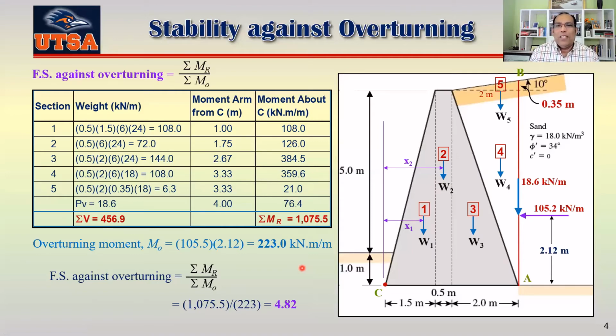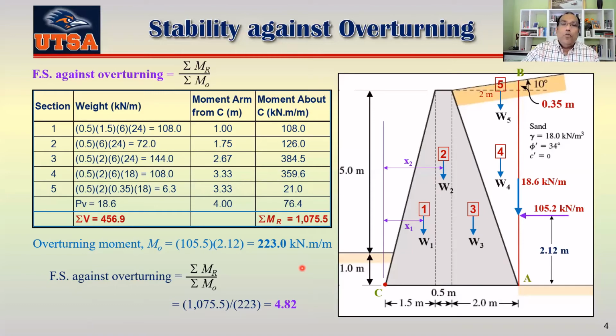But this is more of an analytical problem than a design, because for design you need to trial different sections, which takes a much longer time, so they didn't ask you to design any of the problems in your exercise. They are just asking you to analyze one section and find out the factor of safety.